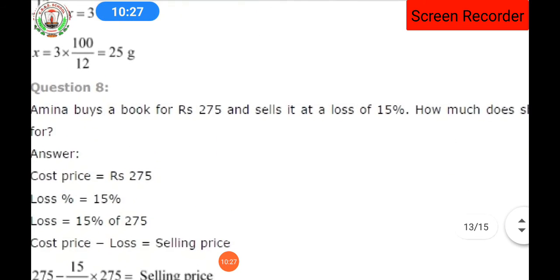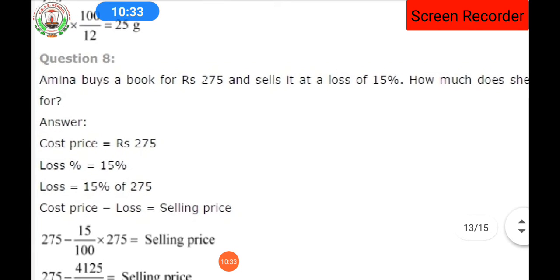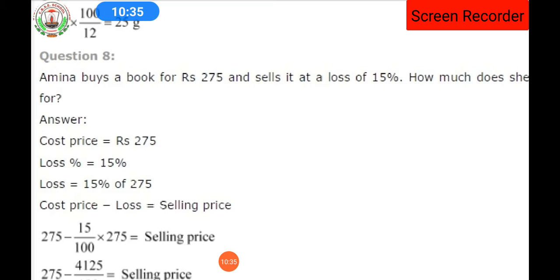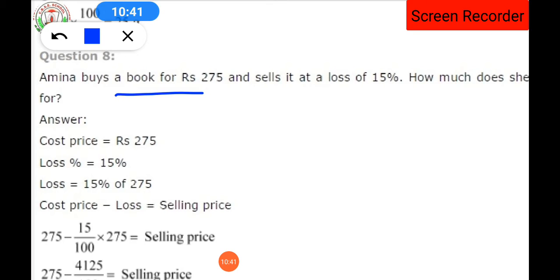Moving toward the next question, that is question number 8. Here it is said that Amina buys a book. Amina is a girl who is going to buy a book. The cost price of the book is rupees 275 and she sells it at a loss of 15%.